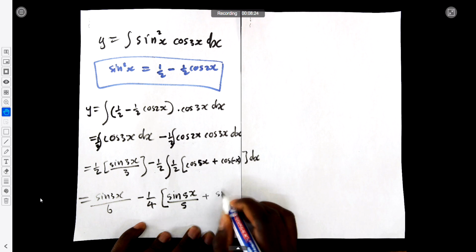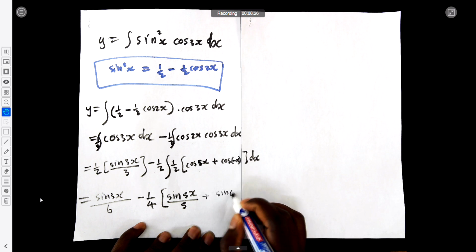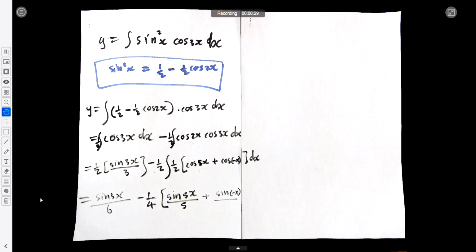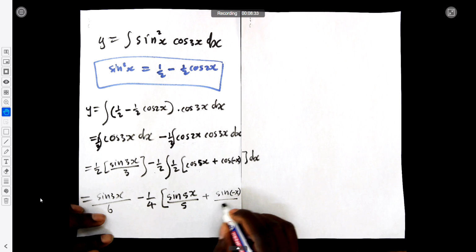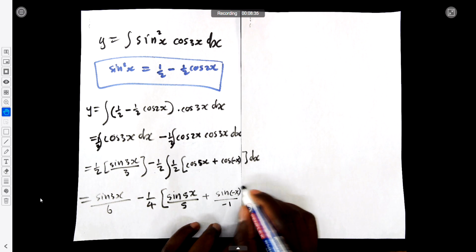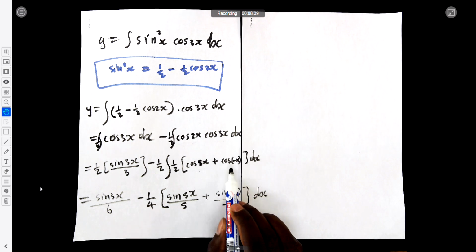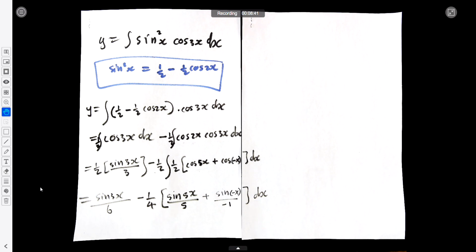So it's going to be sine of negative x all divided by the derivative of the angle, which is negative 1. According to trigonometry, in the fourth quadrant it is positive, so we're supposed to leave it as positive, but we're just working with the negative, which is still fine.